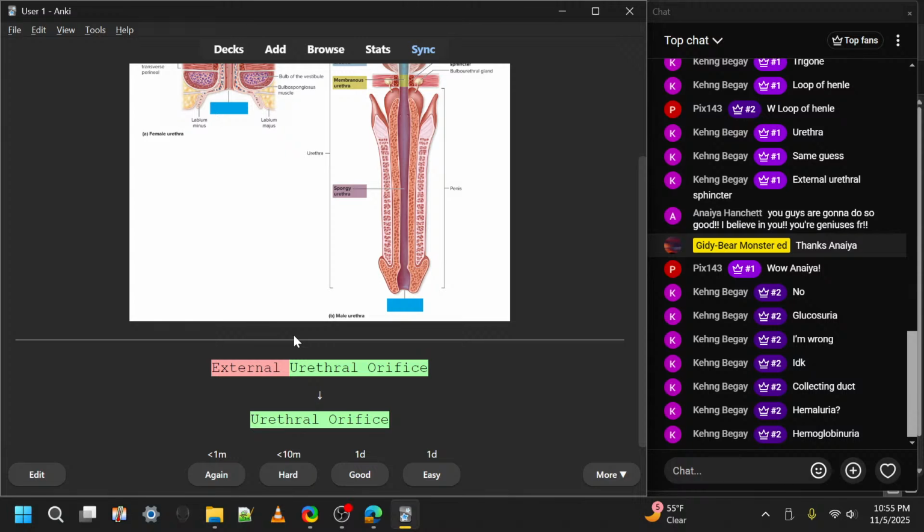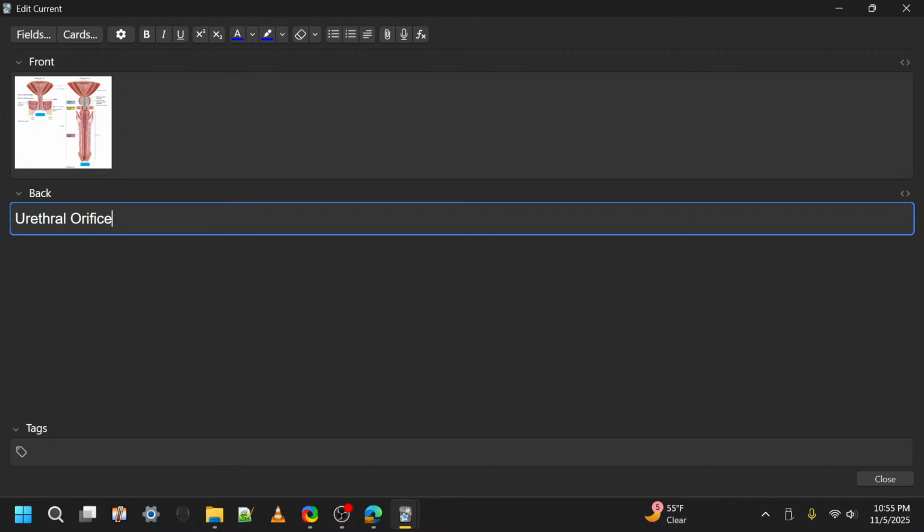On the paper, it just has a urethral orifice, but I think she told us to write internal and external next to it, because I think she's going to test us on those. So I'm just going to put in internal. Alright, now I'm going to put external for this one. I wonder if there's an internal one. I don't think there is.